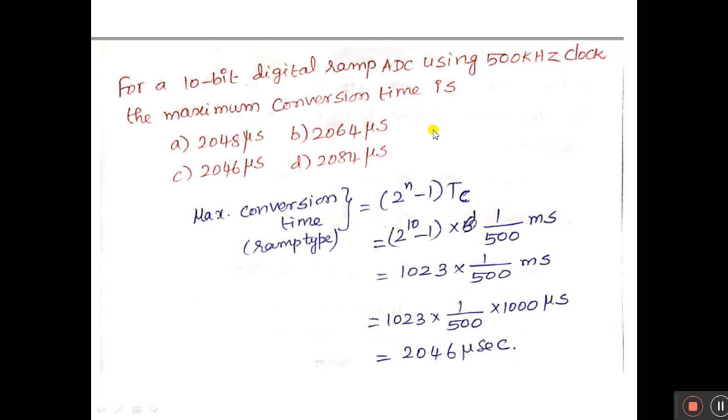We should be careful with this question because the answers are very close: here 46, here 64, here 48, here 84. So be careful when choosing the answer. As per this problem, answer C is correct, that is 2046 microseconds.